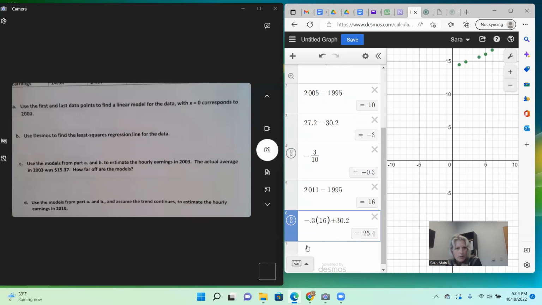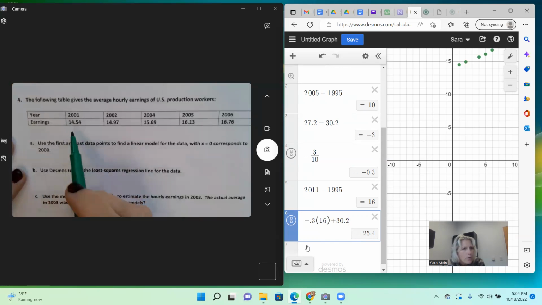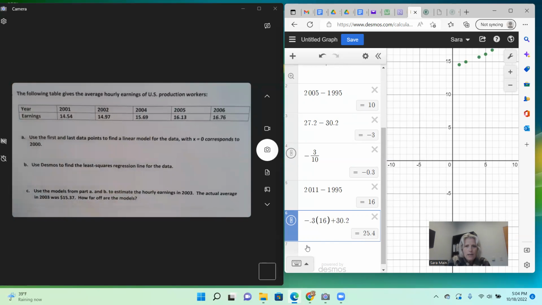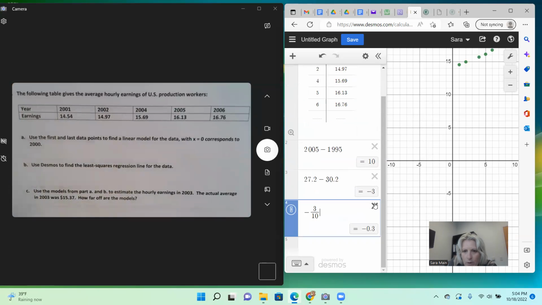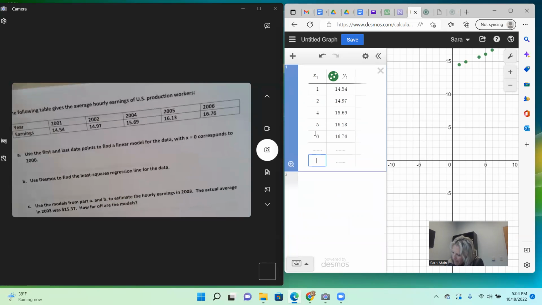Okay, so questions 4 and 5 are both dealing with data. So question 4 says the following table gives the average hourly earnings of US production workers. So I put this data into Desmos. So if you go into Desmos, we have to put in X values for the year since.